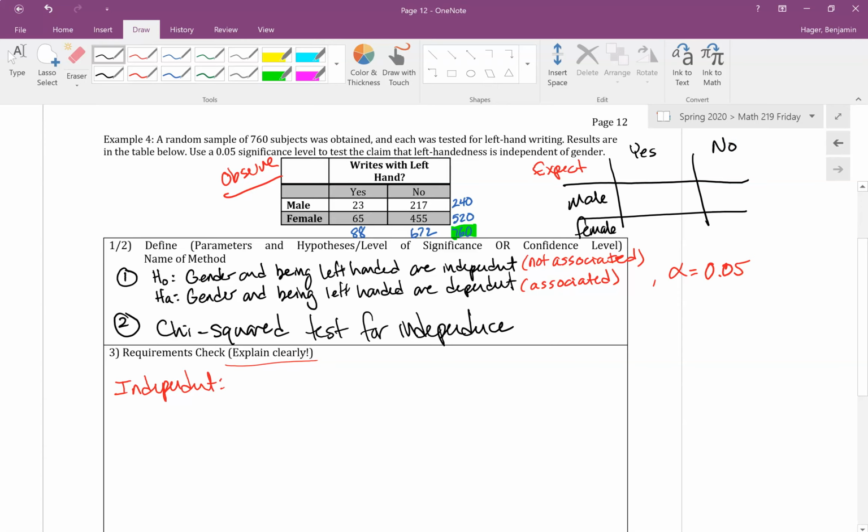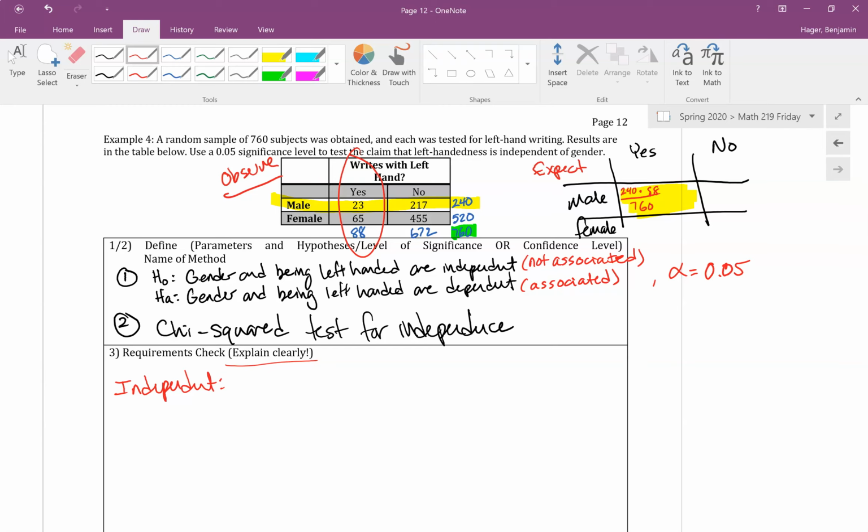The way you find each of these expected values is you take the row total times the column total and divide by the grand total. The row total for males is 240. The column total for left-handed is 88. And the grand total is 760. So I would multiply and divide: 240 times 88 divided by 760.